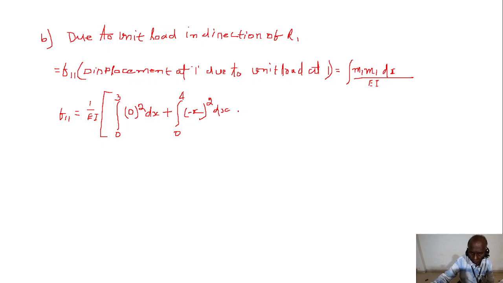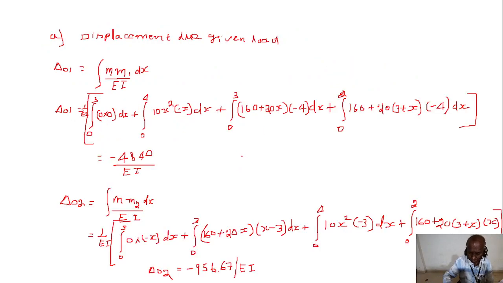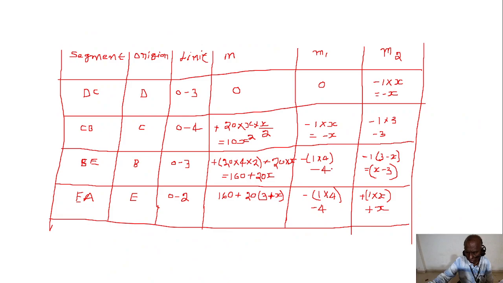Next segment, 0 to 3. Now the m1 is minus 4. See, m1 is minus 4.